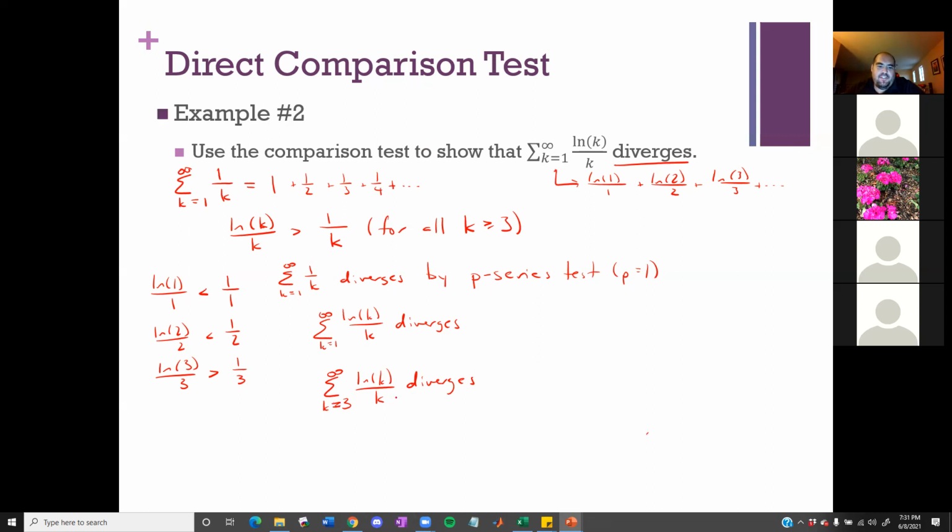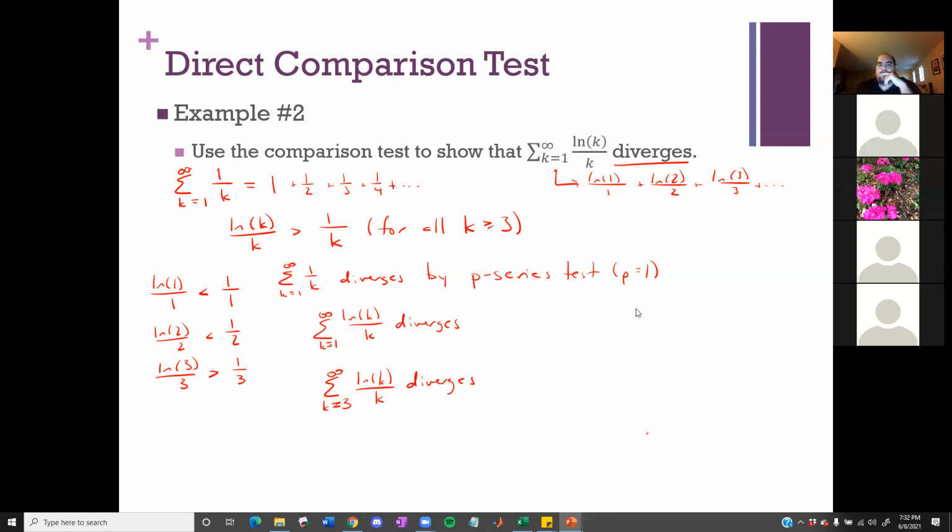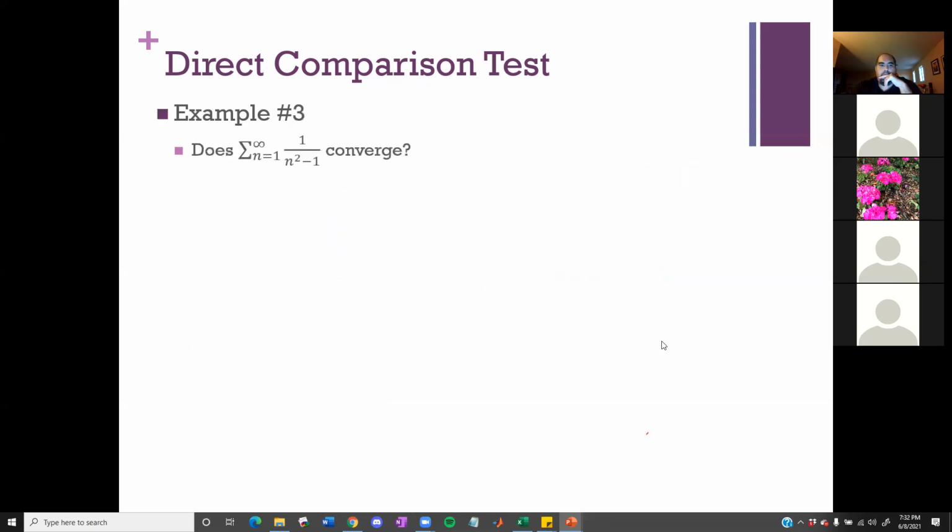So if that diverges from 3 to infinity, then it's also going to diverge from 1 to infinity. Those two other terms aren't going to make it converge. Any questions here? All right, let's move on.